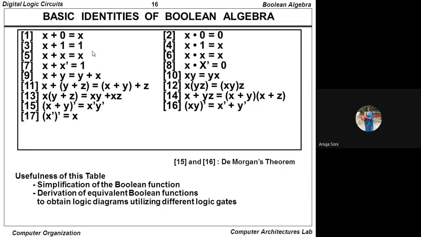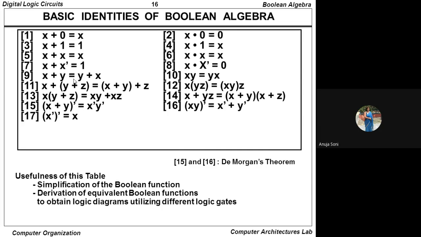Now x plus 1 is equal to 1. It says that whenever we talk about the logical OR operation, if one of the operands, one of the variables, is 1, then irrespective of the value of the other variable, it will always produce the value 1. How? Again two possibilities are there. The value of x can either be 0 or it can be 1.